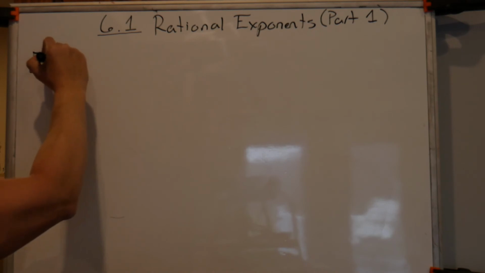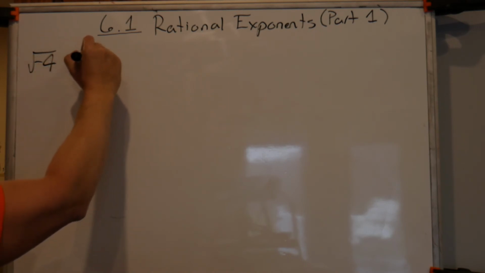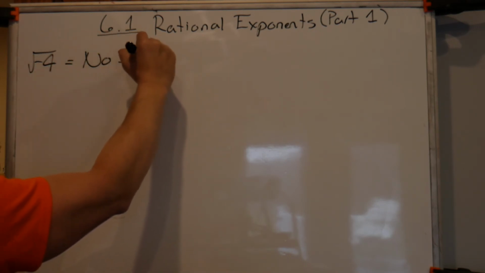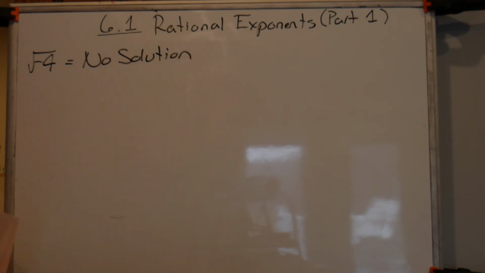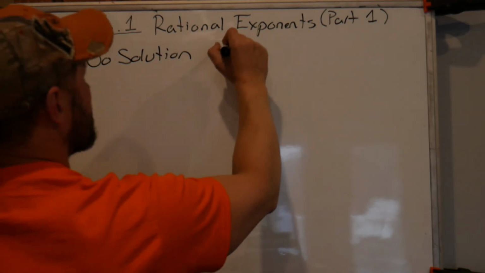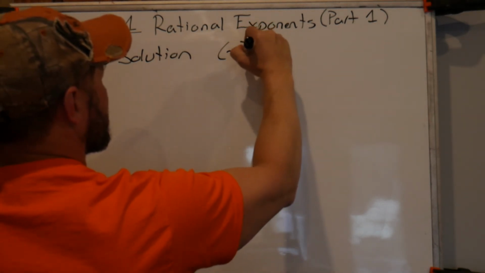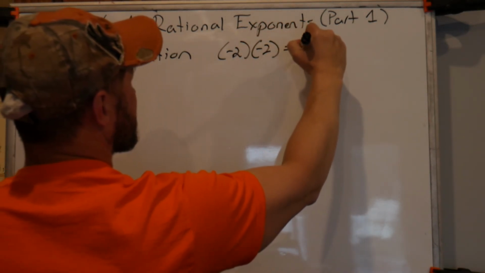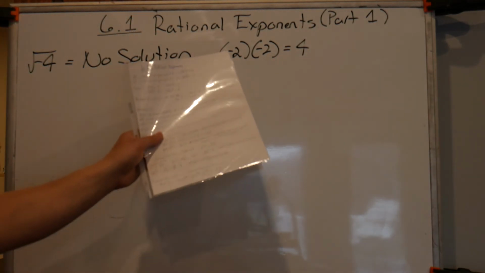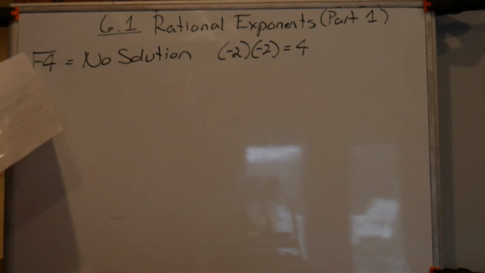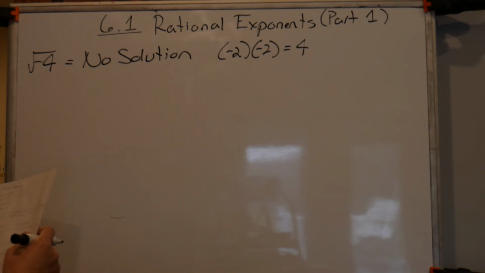So they toss this as an example: there is no answer. Square root of negative 4. Well, we know that if we take a negative times a negative, it's always a positive. So whenever we have an even index, we cannot have a negative number. You'll always have a positive. So that's not a real number.